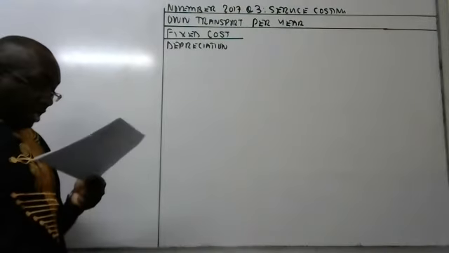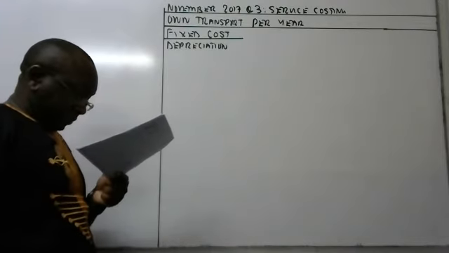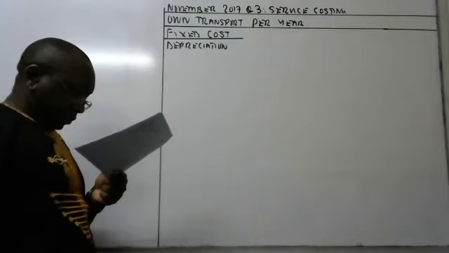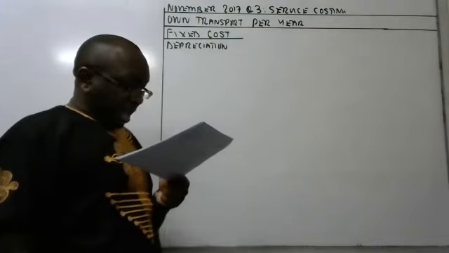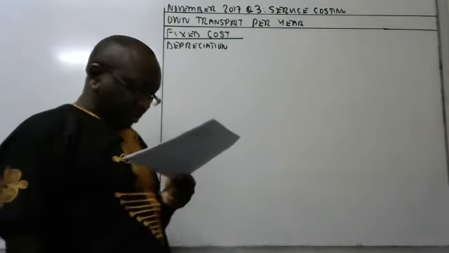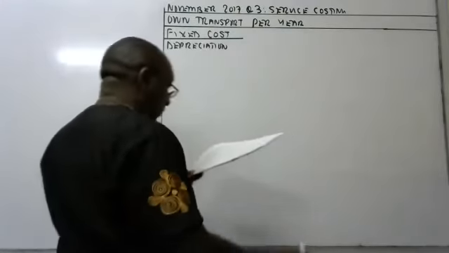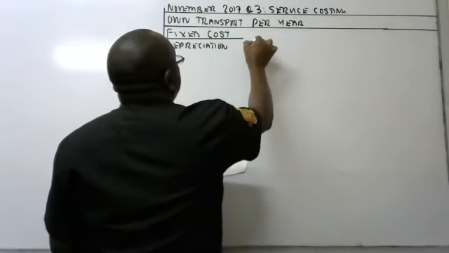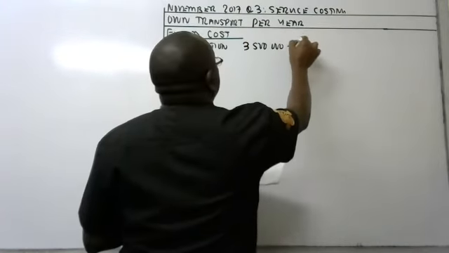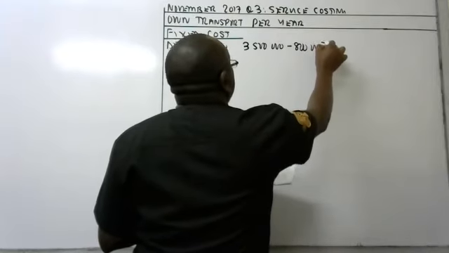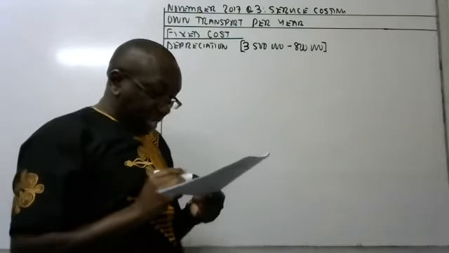So the depreciation is, we are not told at all about the residual value, but we are told that the vehicle, I can see it down there, scrap value. So depreciation will be 3,500,000 less the residual value that is down there, 800,000. Then we are told this van will be there for 6 years.